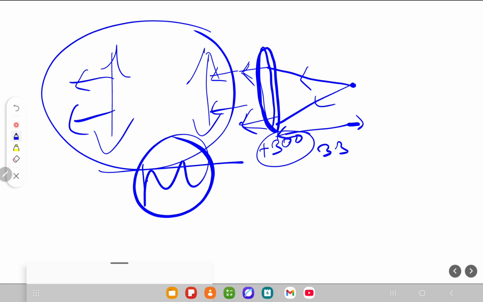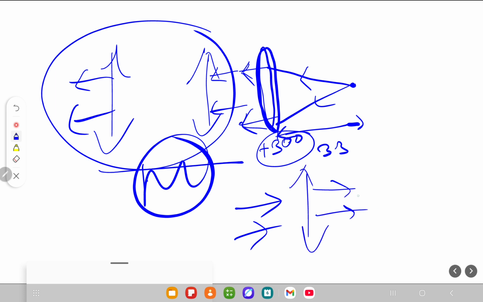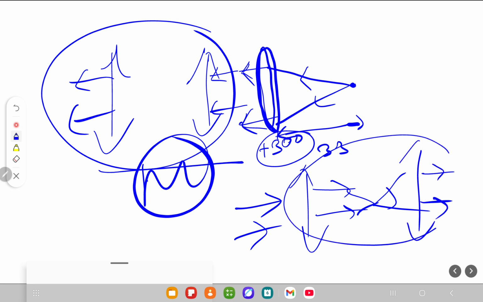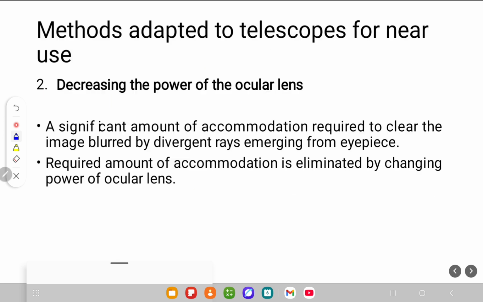The only work of the add of the reading cap is that, from the focal point, the light sent towards the telescope is parallel. So it's very simple. This is how it works.